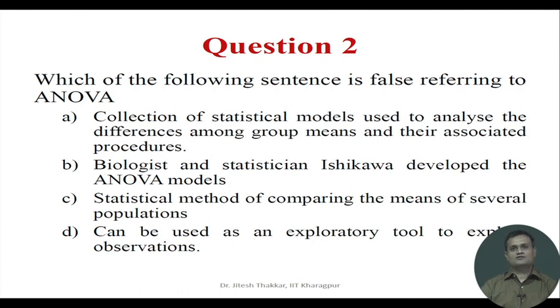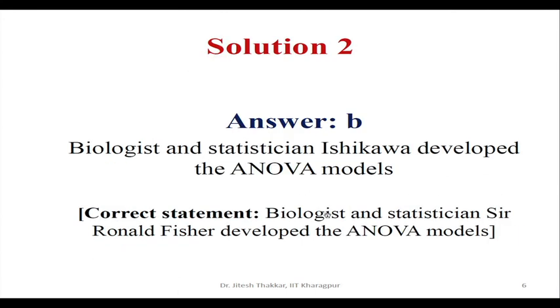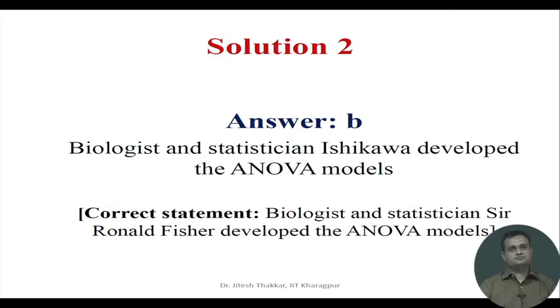C, statistical method of comparing the means of several population, and D, can be used as an exploratory tool to explain observations. So, the correct answer is B, and biologist and statistician Ishikawa developed the ANOVA model is the incorrect statement. Actually, biologist and statistician Sir Ronald Fisher developed the ANOVA model.